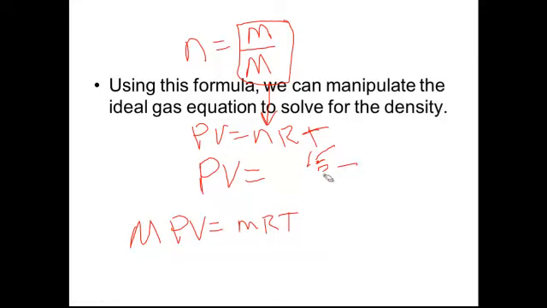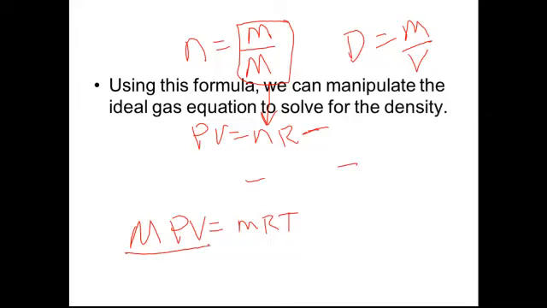Now we're going to take our mass on the right side. Remember, we're trying to find density, and density equals mass over volume. So we're going to divide both sides by volume, and we're also going to divide both sides by R and T. Let's look at what that does.